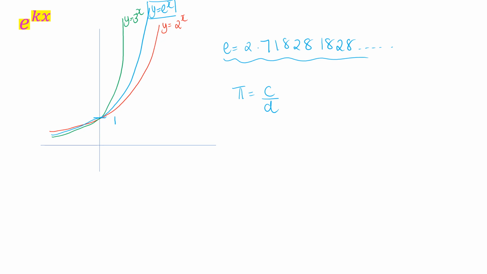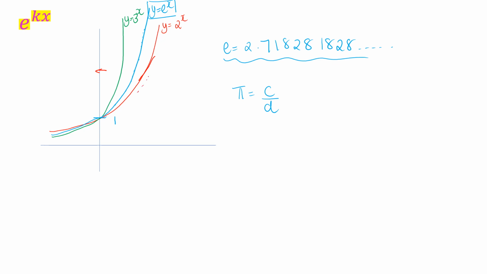But if we just look at these three graphs here, e is special because it is the one function that, if we plotted the gradient of this line at any point along the line, it actually maps onto itself. If we plotted the gradient of the line y equals 2 to the x, the actual gradient is slightly behind the value of the function.